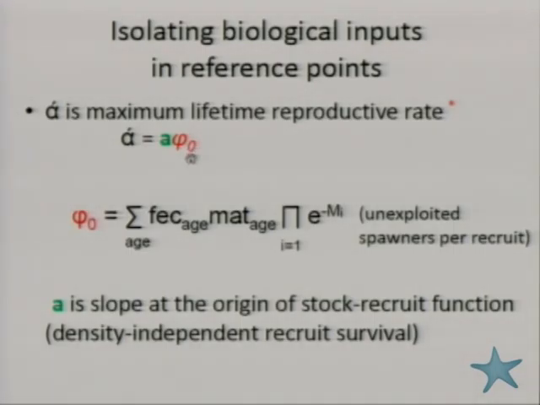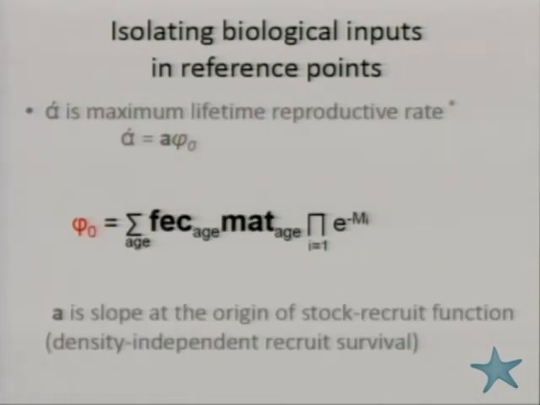And then this other term here, unexploited spawners per recruit, which is, I think, kind of the focus of this workshop, this working group, highlighting changes in fecundity at age, maturity at age, and then anything else that affects natural mortality.